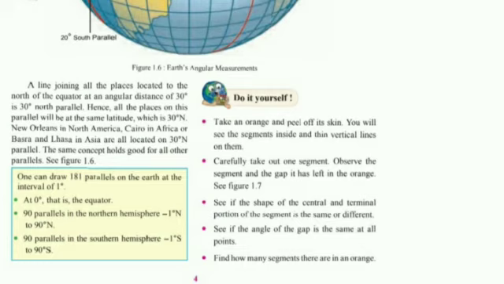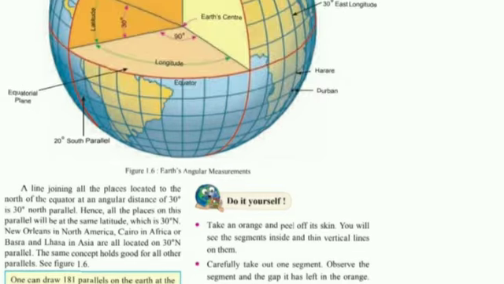Now see one more thing. Once you draw 181 parallel lines on the earth at an interval of 1 degree, at 0 degree, we all know, is the equator. There are 90 parallels in the northern hemisphere and 90 parallels in the southern hemisphere.